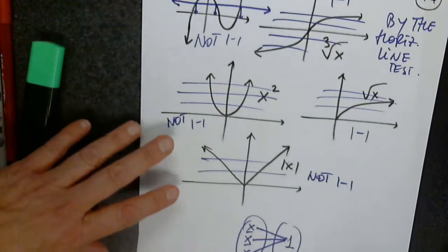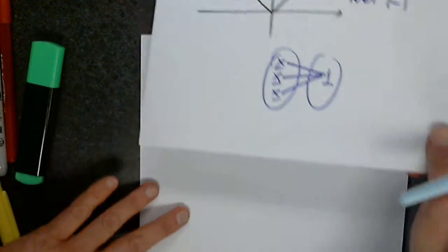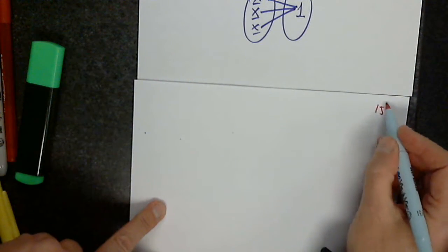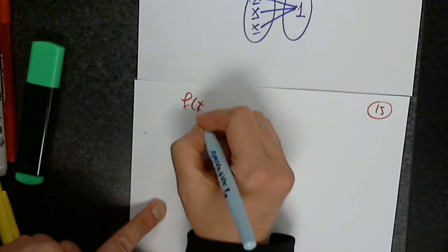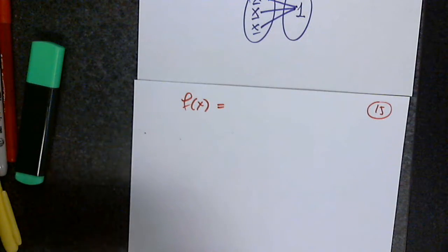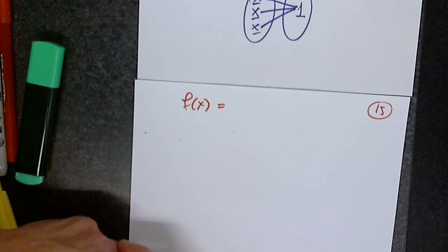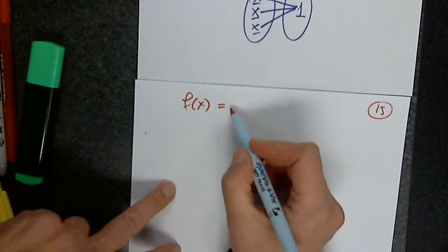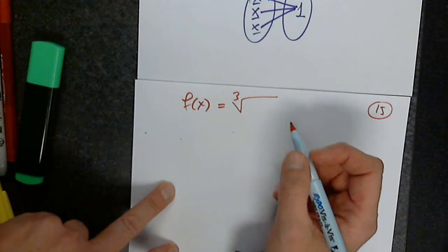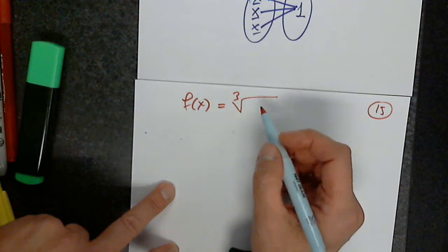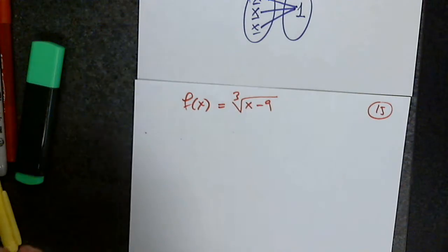Let's establish how we determine the inverse function. Can anyone give us a function that is one-to-one? Wonderful. Excellent. The cube root of a function, please. I'm going to say x minus 9.